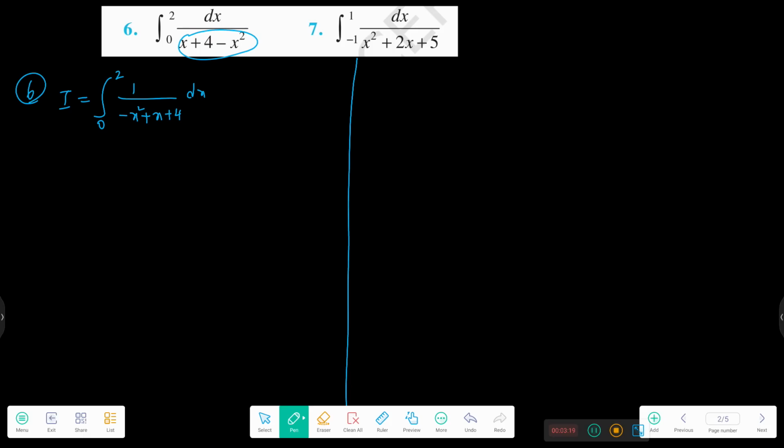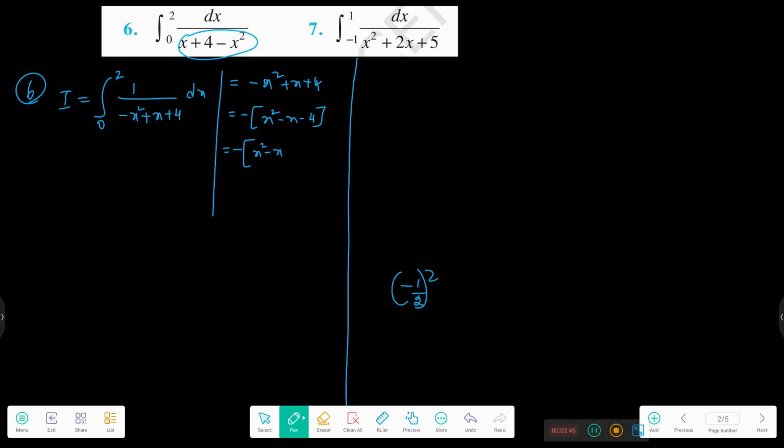Take the given one: minus x square plus x plus 4. If you take the minus outside, I am getting plus x square minus x minus 4. In x square minus x, the coefficient of x is minus 1. Minus 1 divided by 2 is minus 1 by 2.